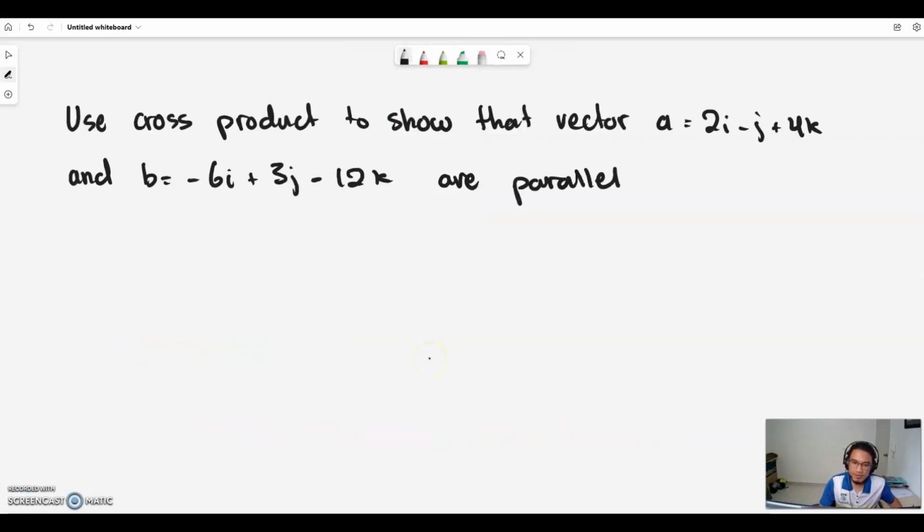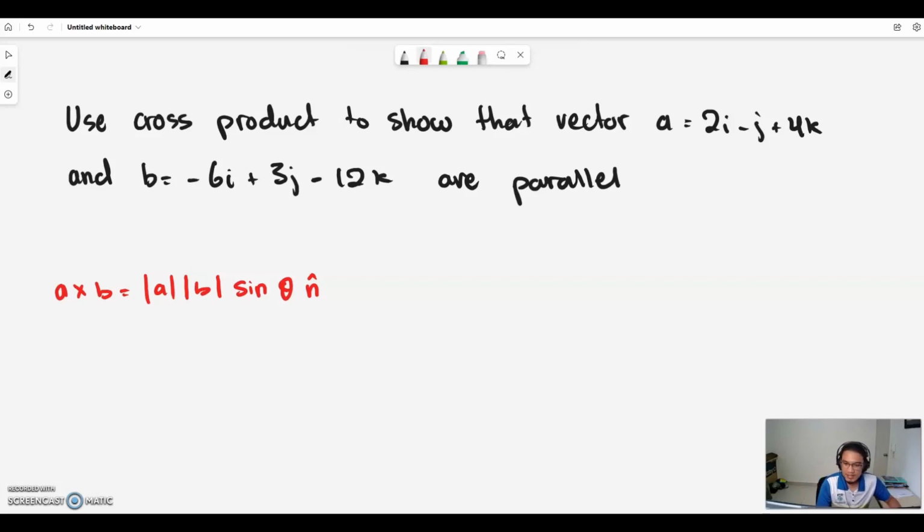Okay, so the next example, use cross product to show that vector A and vector B are parallel. Now we refer back to the equation of cross product. If A cross B is equal to magnitude sine theta unit vector n. As you can see right here, we have a sine theta.